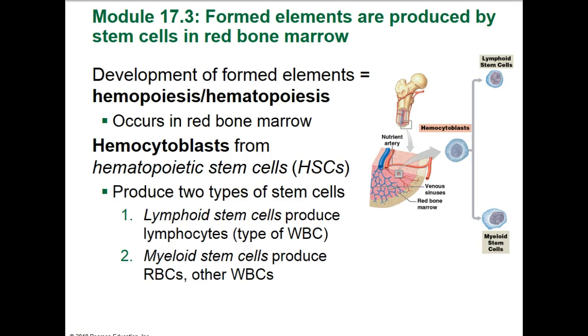And we discussed this in the laboratory. And then the myeloid stem cells that produce red blood cells and the other white blood cells as well. But the lymphoid stem cells specifically produce the lymphocytes. And the lymphocytes are the T cells and the B cells. Okay? We'll come back to those.